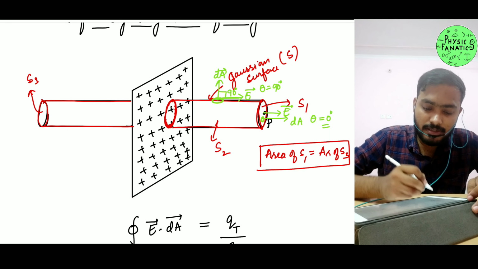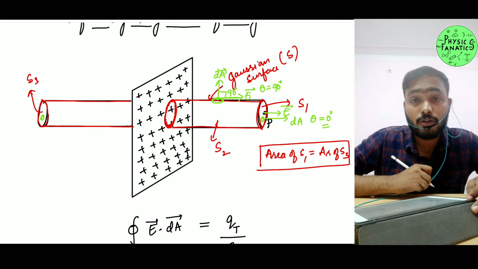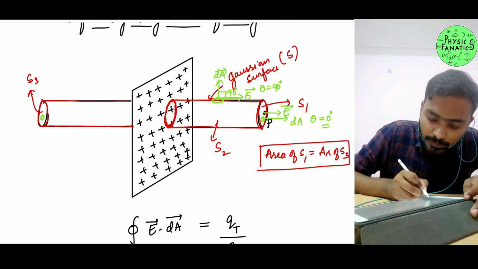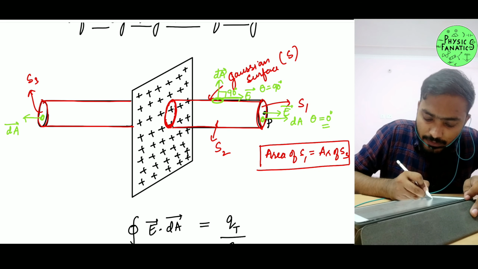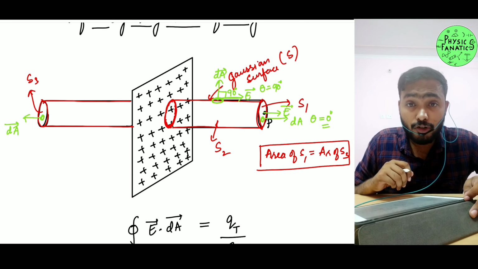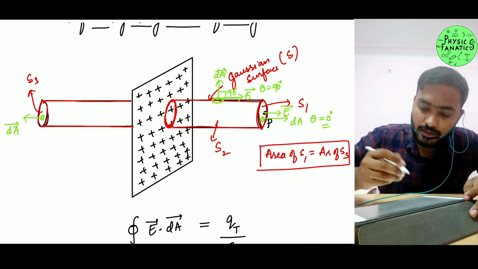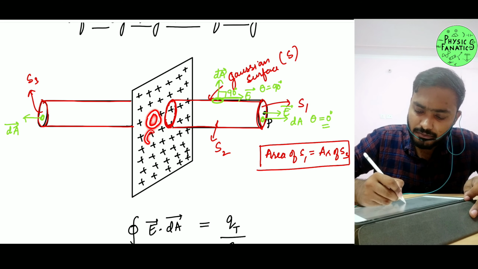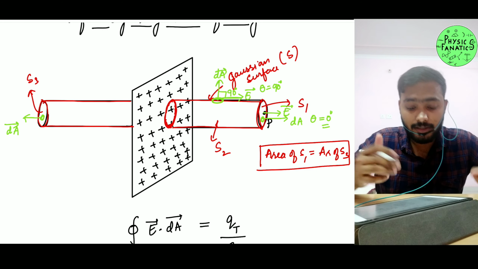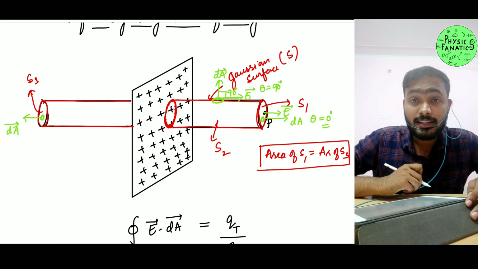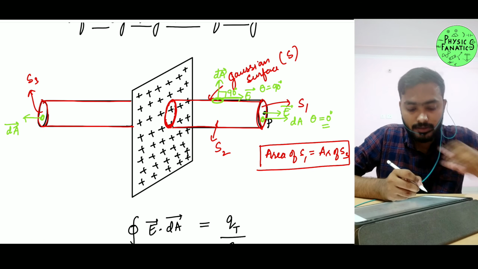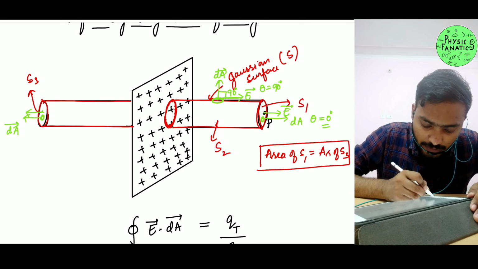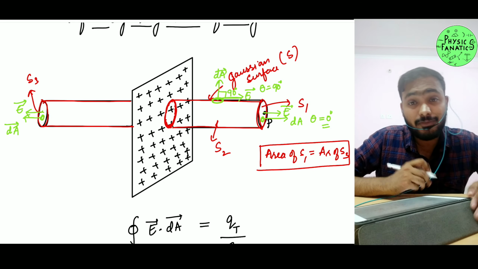Let's talk about the third surface. For the third surface, I can take a small area vector, and my area vector will be in that direction. And what about the electric field? Again, you can see all the positive charge is there, so the electric field will be in that direction.